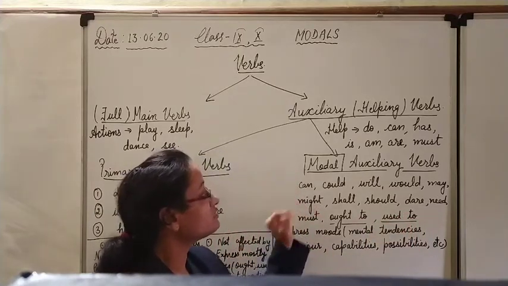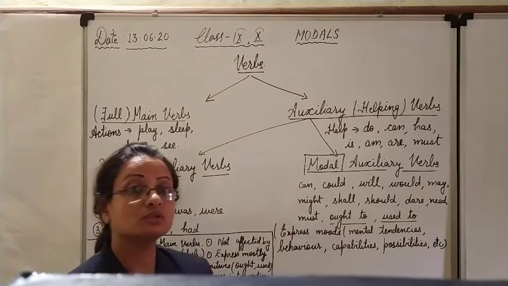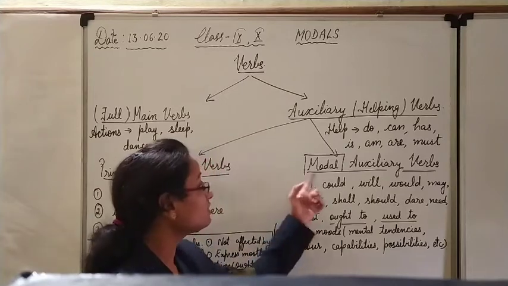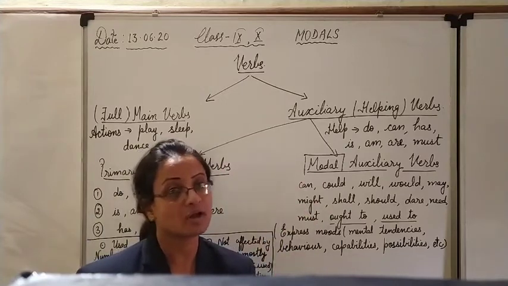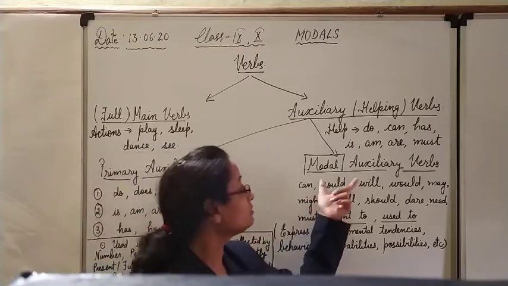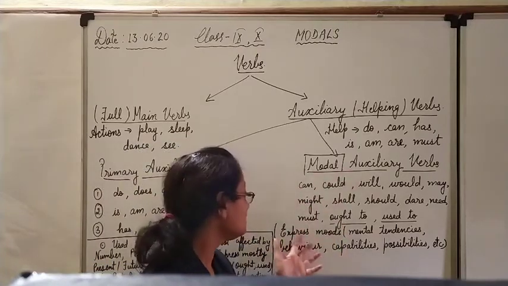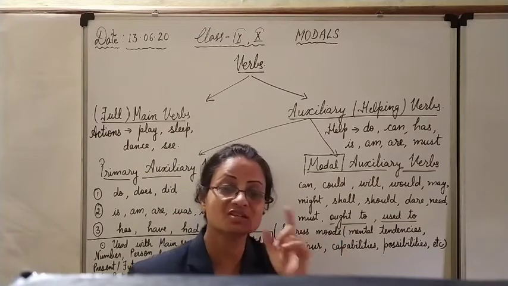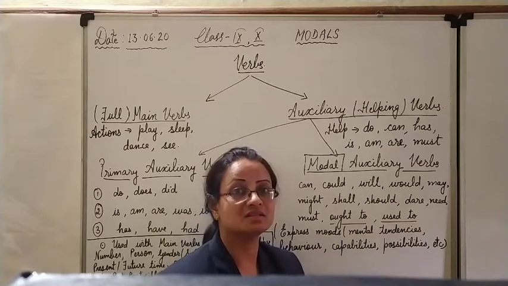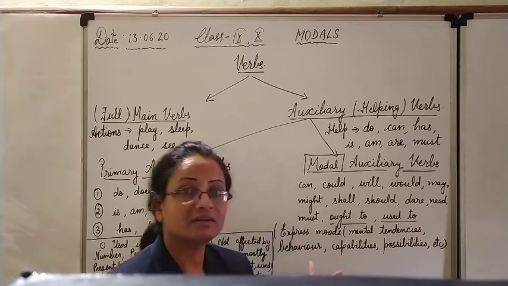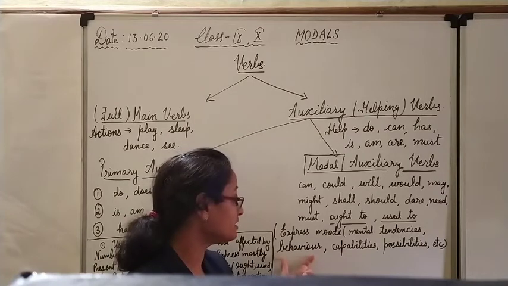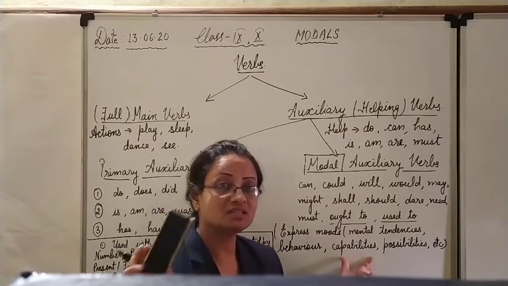Now, what is the work of these modal auxiliaries? What role do they play in a sentence? Auxiliaries, we know, assist. But why are they called modal auxiliaries? Why not only auxiliaries, or some other name, secondary? Why are they called modal? Because modal means they express the mood in a sentence. Mood means the mental tendencies. They show us mental tendencies or behavior, capability.